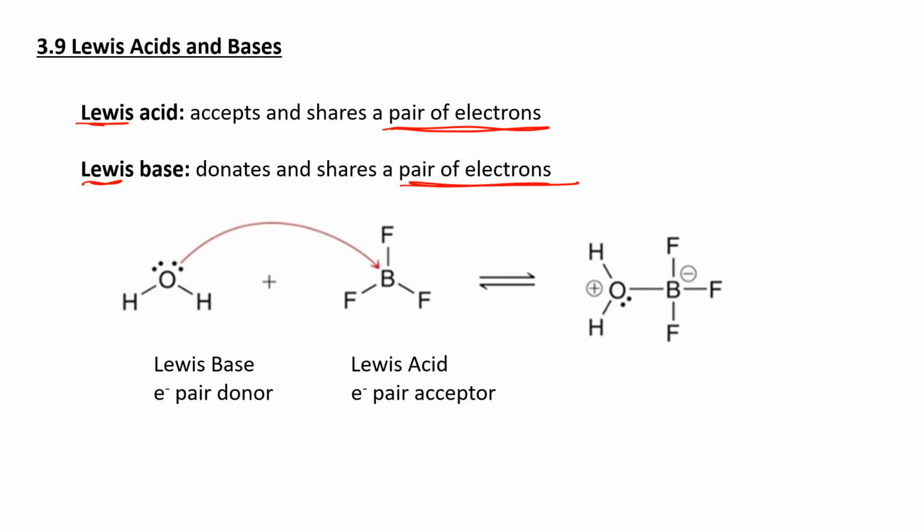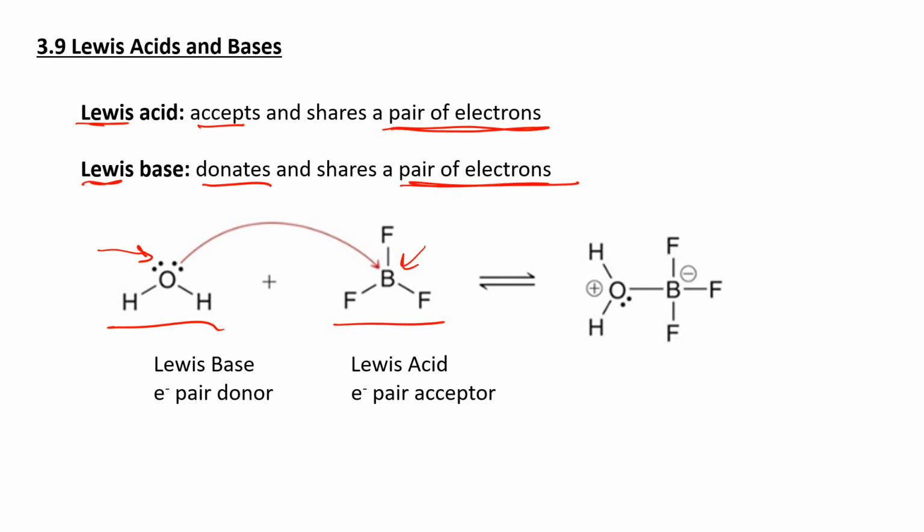So Lewis acids accept electron pairs, Lewis bases donate electron pairs. So if you're looking at a set of reactants, the compound that has the lone pair will be your Lewis base because it can donate them. Boron and a lot of metals are typically going to be your Lewis acids because they like to accept electron pairs.